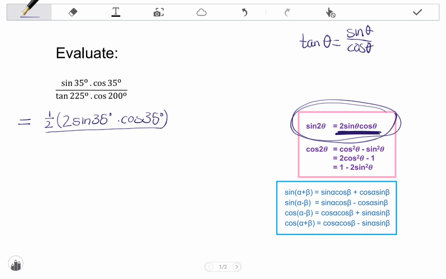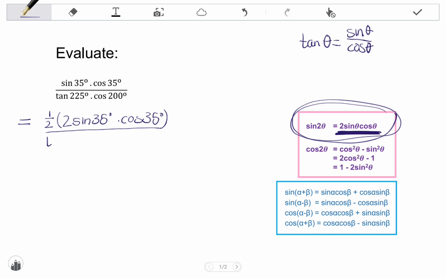So I can rewrite tan in terms of sine and cos, thereby at least getting rid of this third trig function. But what we do want to try is to simplify somehow. So we are going to reduce the angles to see where that takes us.